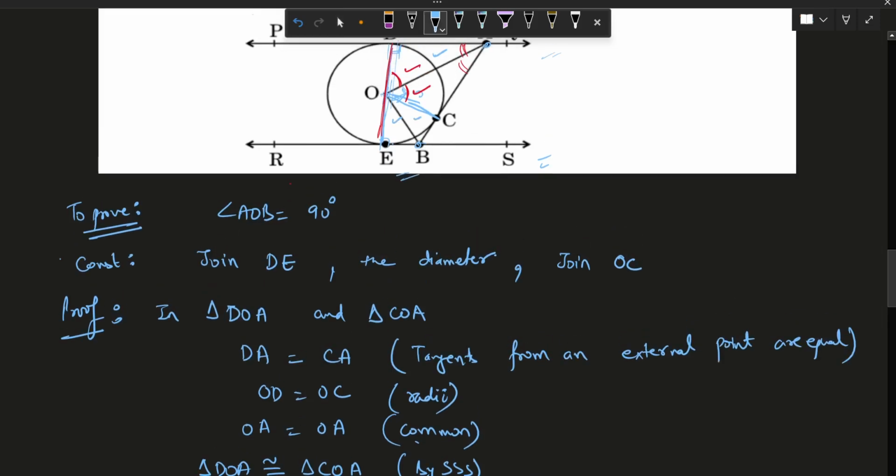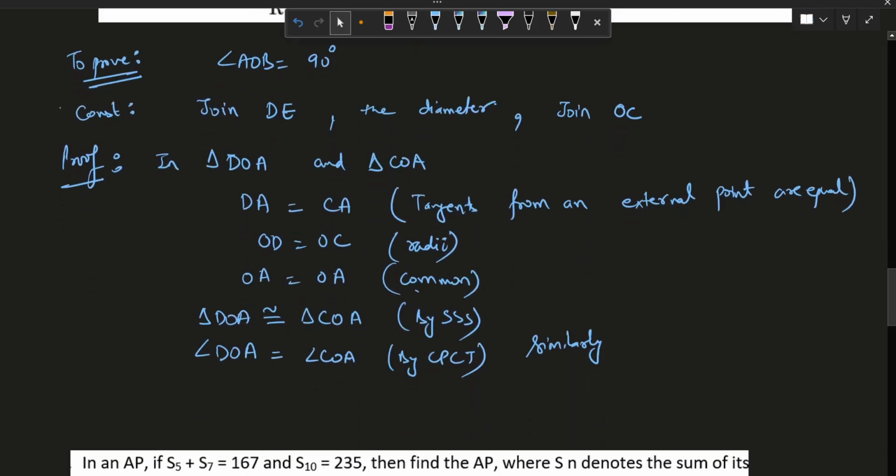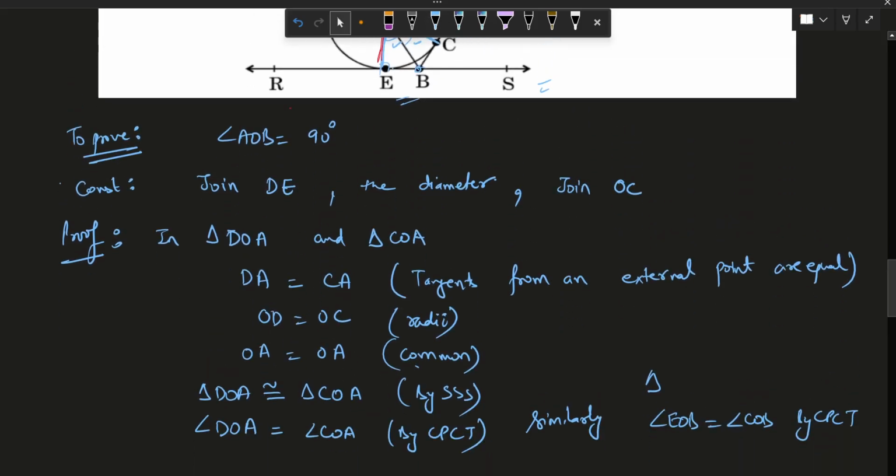Just write similarly that angle EOB equals to COB. Okay, similarly you say angle EOB equals to angle COB by CPCT only because triangle EOB will be congruent to COB triangle using SSS congruency rule.